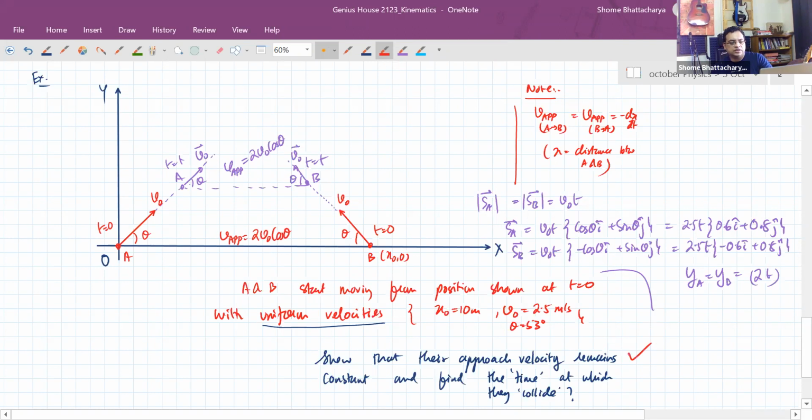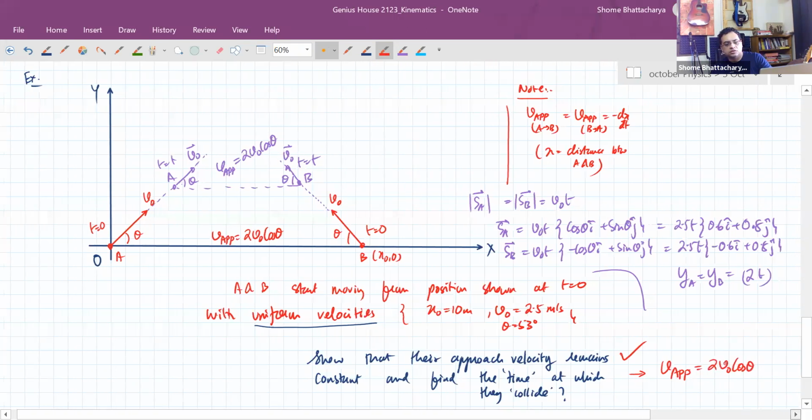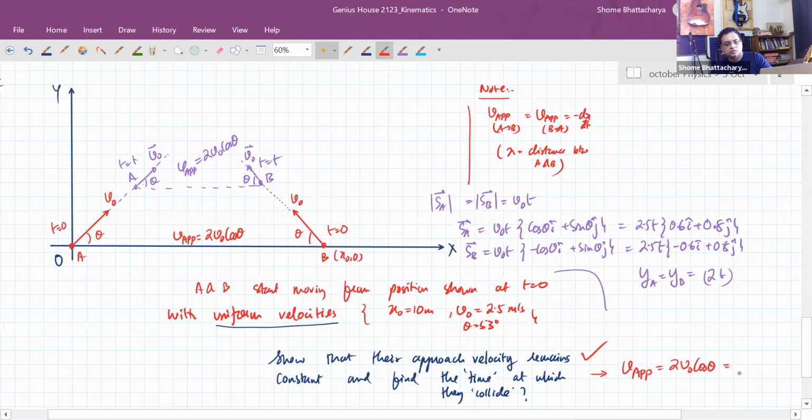So this shows us that the approach velocity remains the same, that is 3 meters per second, uniform with respect to time.